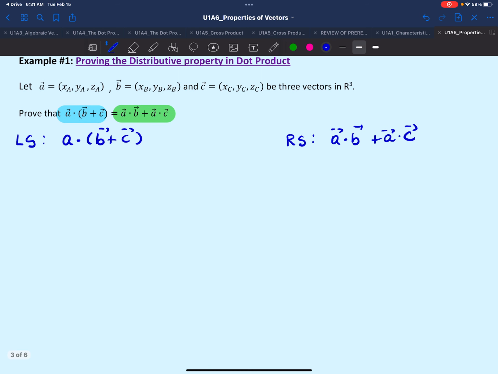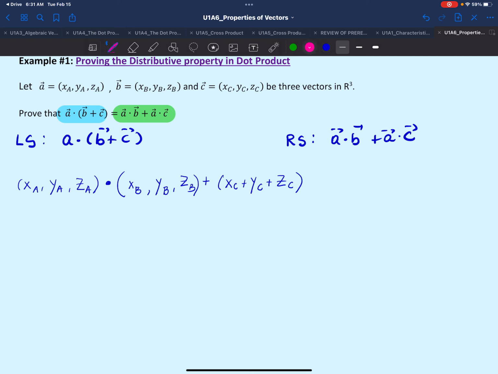So let's get started. What we have in here is A, which is XA, YA, ZA. Now this is dotting B plus C. B is XB, YB, ZB, plus vector C, which is XC, YC, ZC.